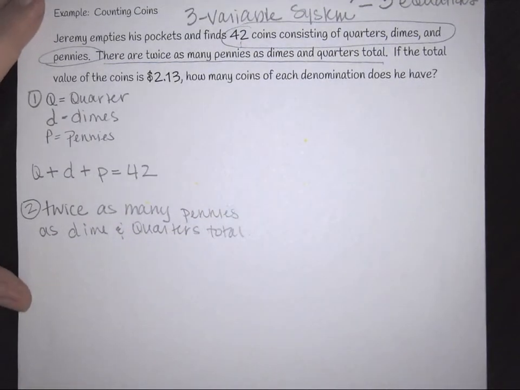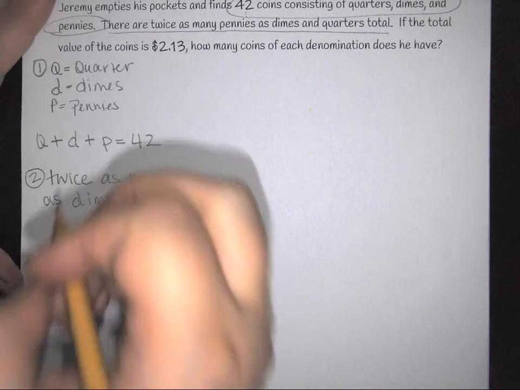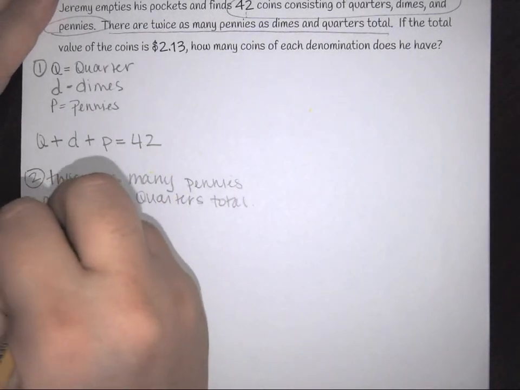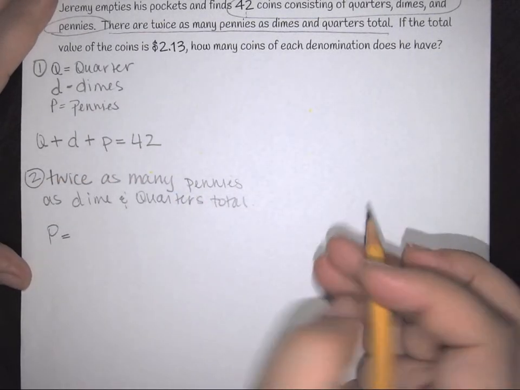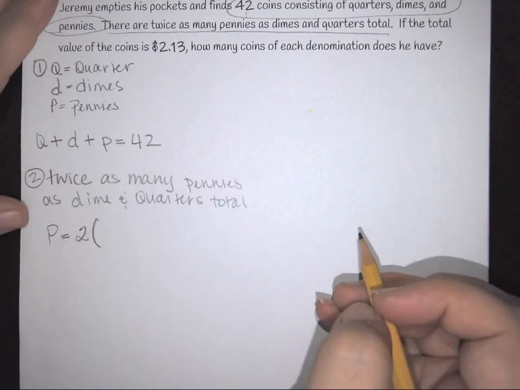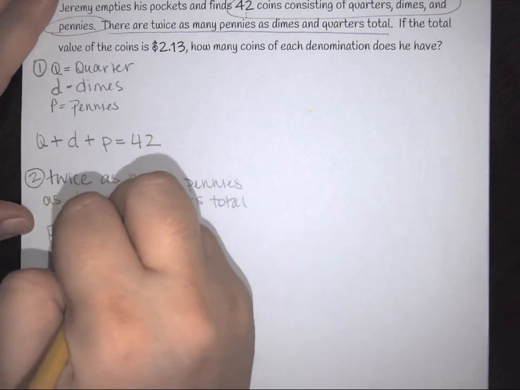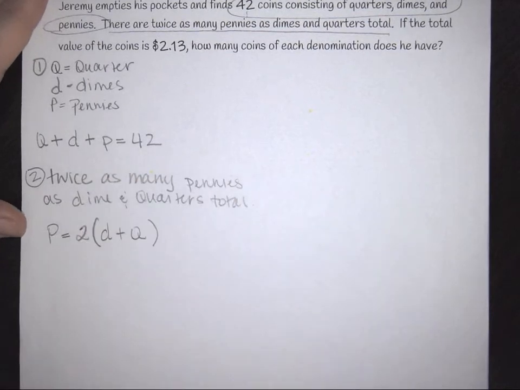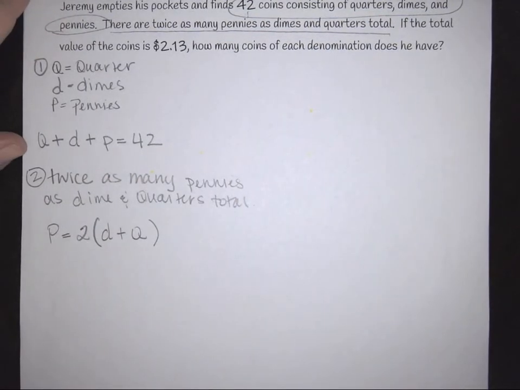That's going to be our second equation. So this is telling us that I have pennies is going to equal something. Well, twice as many means 2 times, and then I have dimes and quarters total, D plus Q. 2 equations down.